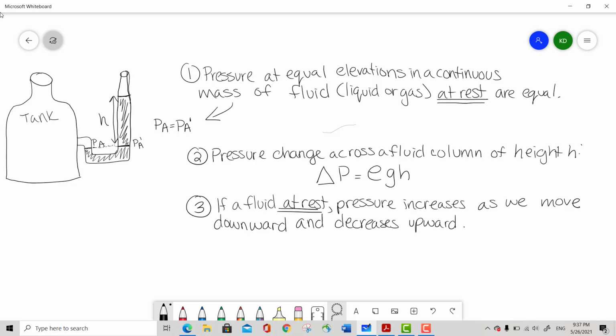So what does this mean? Sometimes you can have a manometer that has many more bends than just these two, right?